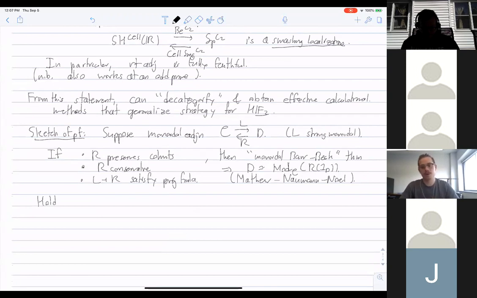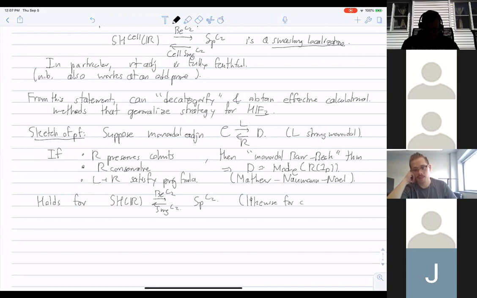So this holds very generally for the adjunction of interest, namely C2 Betti realization and its right adjoint, Sing C2. And this is unconditionally, so without cellularity hypotheses and without completeness hypotheses. And likewise for the cellular guy.